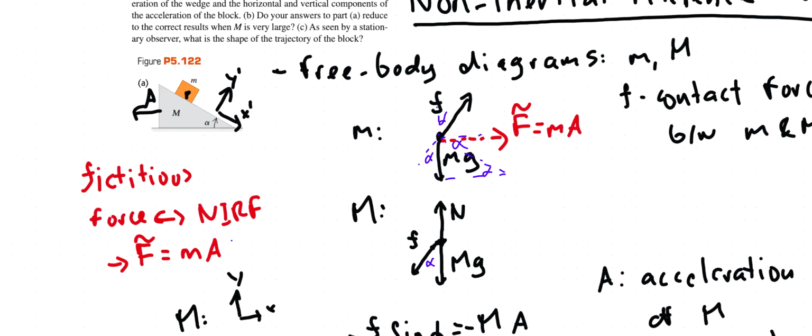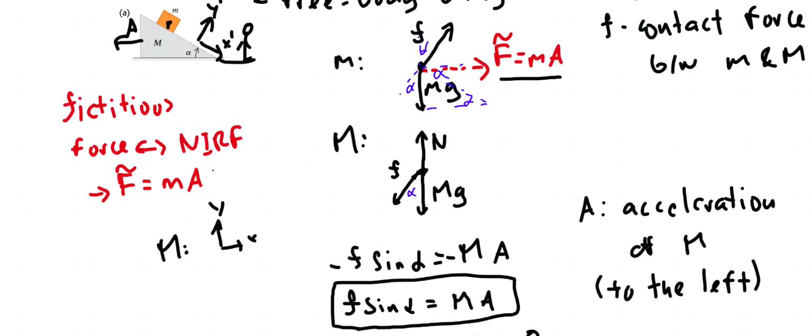You want to report the result in the reference frame of, for example, this guy standing here. So right now you're solving your problem in this non-inertial reference frame, but then you have to go back to the inertial reference frame of this guy. That's what the question refers to.